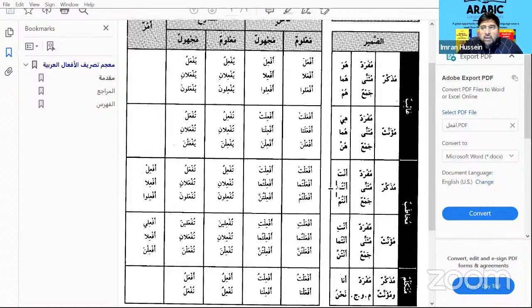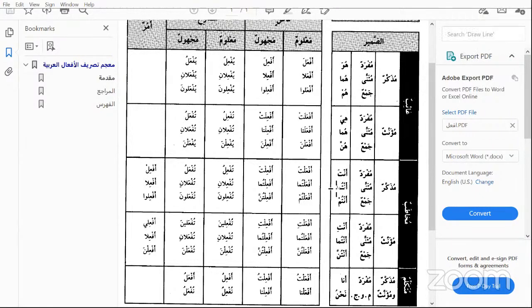All of these four-letter verbs don't have any shadda. It's the actual original pattern on which all the four-letter verbs are constructed. Akrama, akrama, akramu, akramat, akramata, akramna, akramta, akramtuma, akramtum, akramti, akramtuma, akramtunna, akramtu, akramna.